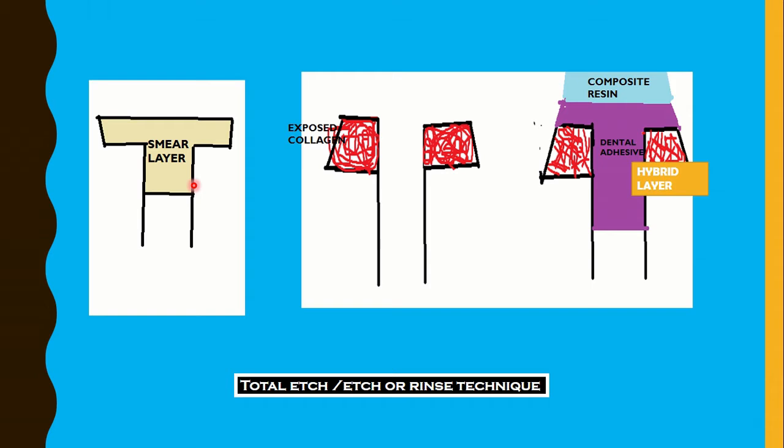So what happens in case we apply the etchant at the enamel interface? In that case, the phosphoric acid removes the smear layer of the enamel surface.